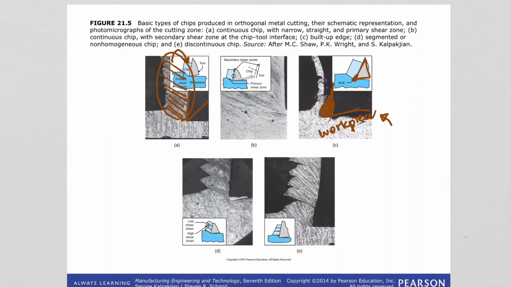It is removing the chip. Chip is here, right? As it grows larger, the build-up edge becomes unstable and eventually it breaks apart. And as you can see, the build-up edge changes the geometry of the cutting edge.